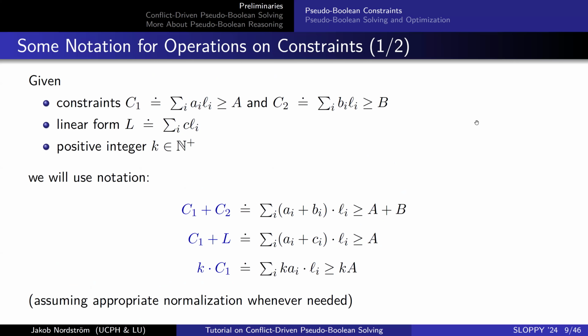Another piece of notation that is convenient is if I have two constraints C1 and C2, I will allow myself to add them and multiply them by a positive integer with the obvious meaning. And sometimes if I have a linear form and a constraint, I can also sum them up. I hope this is nothing, just making sure that when I write things like this, I can add two constraints or add a constraint and a linear form or multiply them.